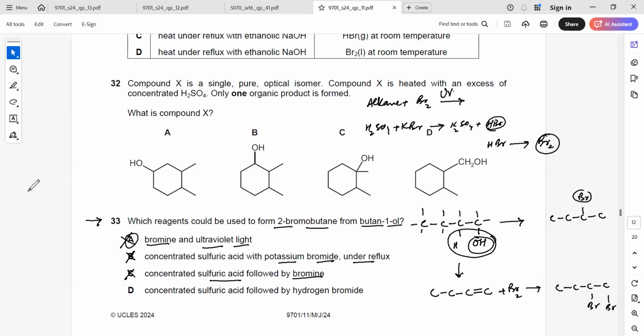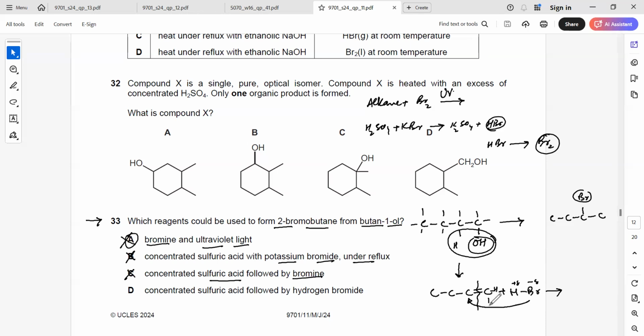And now if we treat it with HBr, remember what's the rule? When an unsymmetrical reagent like this, with partial positive, partial negative, is added on an unsymmetrical alkene like this, in which you can see the two halves are not the same, this negative part goes to the carbon which is making the double bond and having less number of hydrogen atoms.